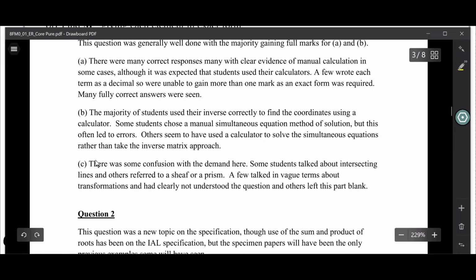But for part C, there was some confusion with the demand here. This question isn't talking about intersecting lines and it's not talking about shears or prisms. A couple of students talked in vague terms about transformations, but they've not really clearly understood the question.